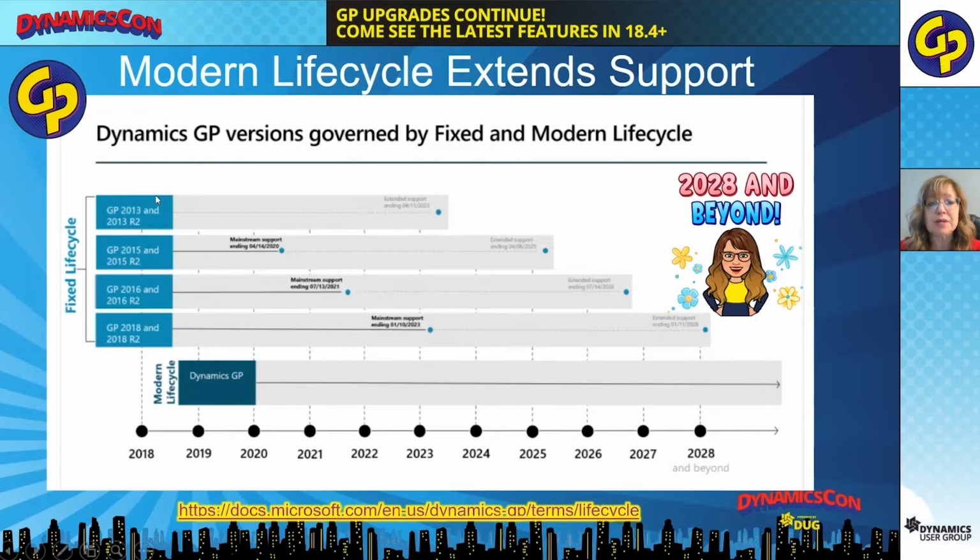And also, Microsoft came out with what they're calling the modern life cycle. And that means that instead of each release number, as you see at the top here, being supported for 5 years and then kind of transitioning out into the next release, the modern life cycle is going to be just a continuum. So each year, Microsoft is going to release, starting with their tax updates at the beginning of the year.